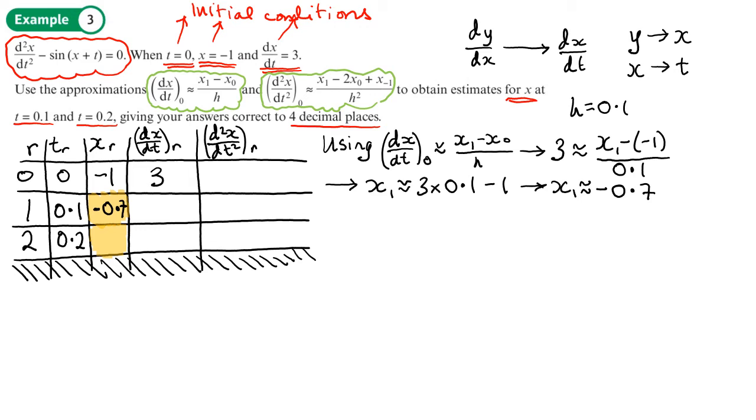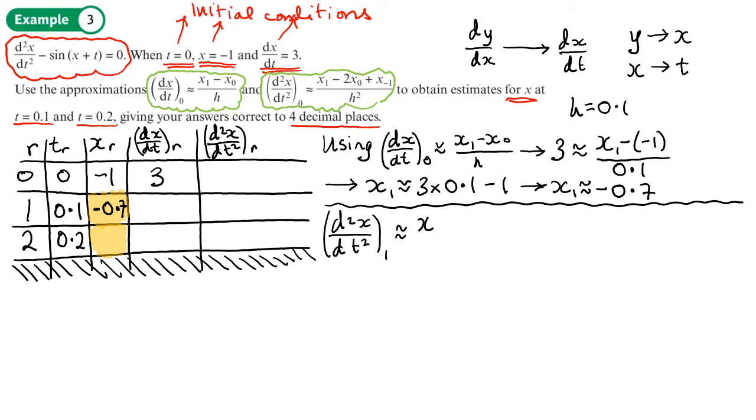So by using that, I can say that d squared x dt squared 1 is approximately x2 minus 2x1 plus x0 all over h squared.